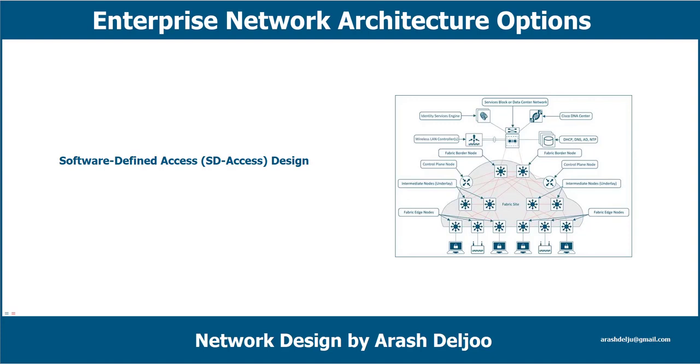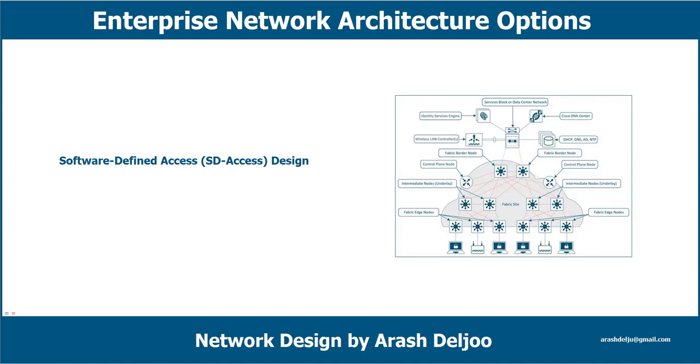SD-Access automates user and device policy for any application across the wireless and wired network via a single network fabric. And SD-Access is a transformational shift. It allows IT to set network access in minutes for any user, device, or application without compromising on security.